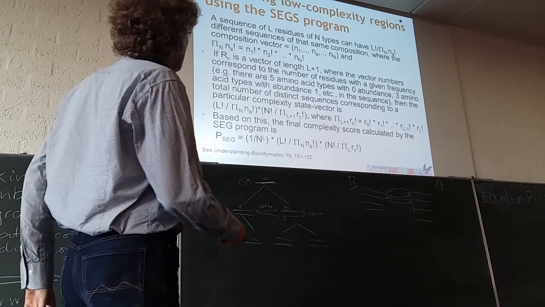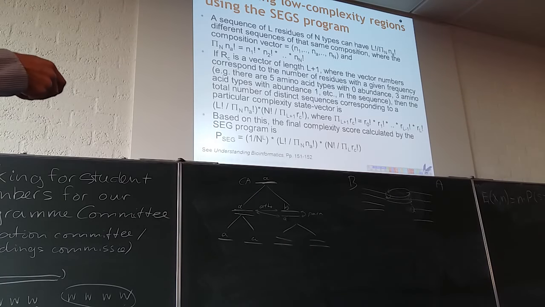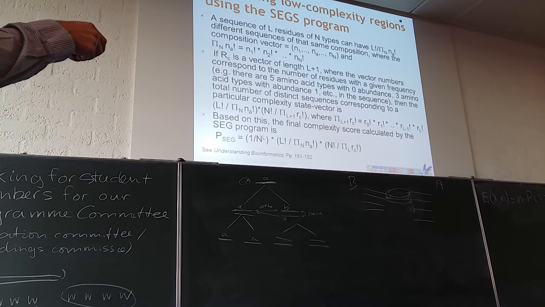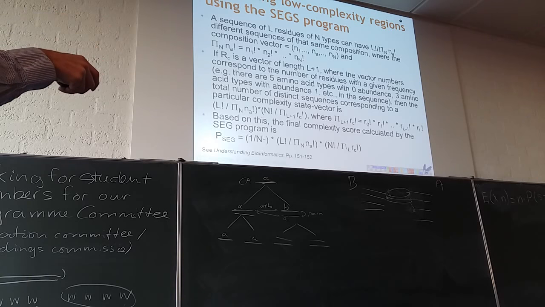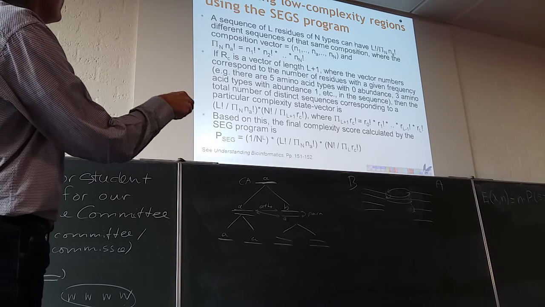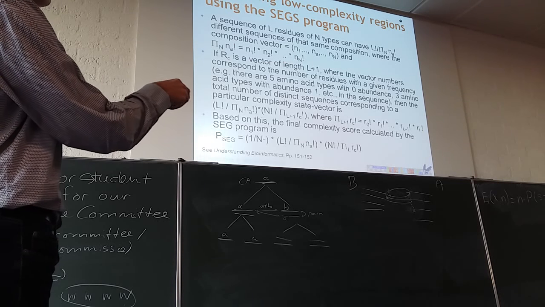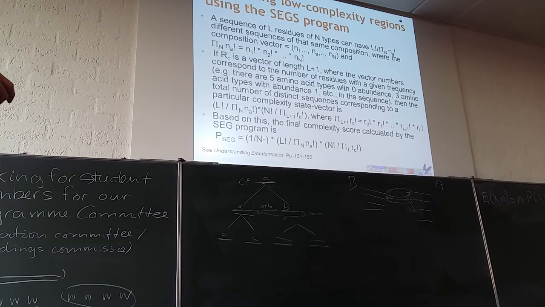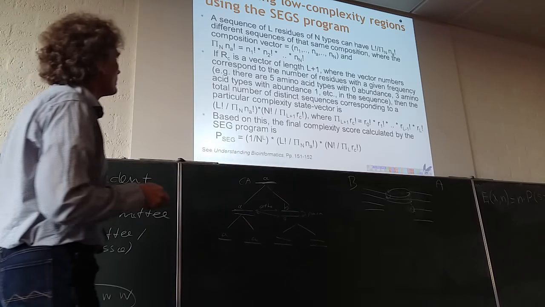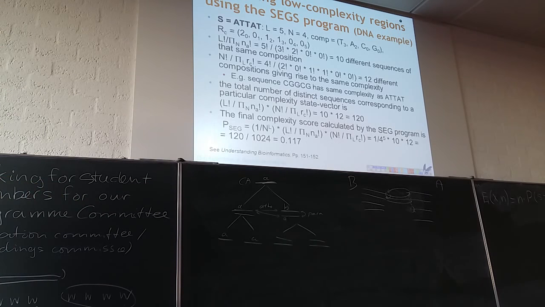Another way you do that is described in the notes from Jaap. You look at the composition factor: count the number of each of the letters in your alphabet, then count the number of ways you can reorganize that, and then normalize it a bit. This is a bit difficult to follow, so there's also an example.